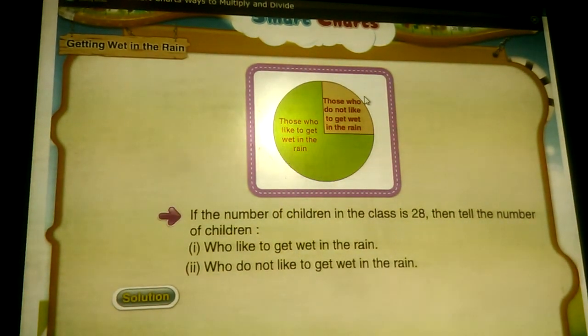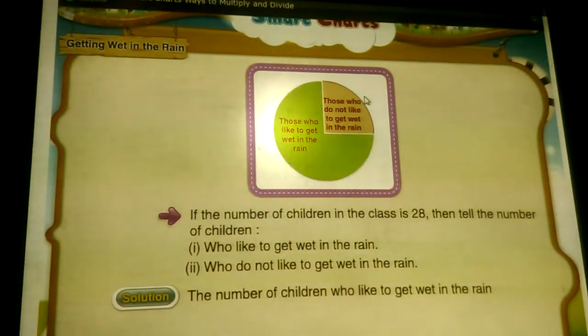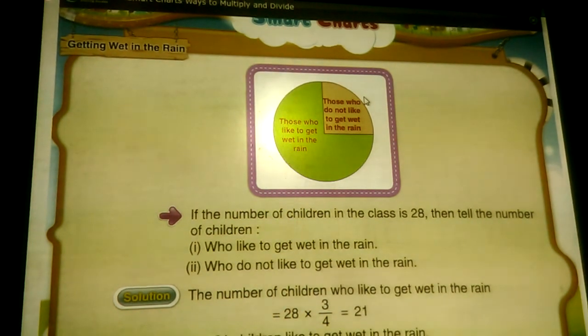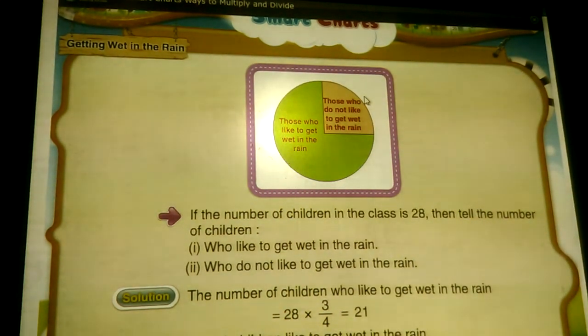Here, the total number of children is 28. 3/4 of the children like to get wet in the rain. To find 3/4 of 28, multiply 28 by 3 upon 4. The answer obtained is 21. So, 21 children like to get wet in the rain.